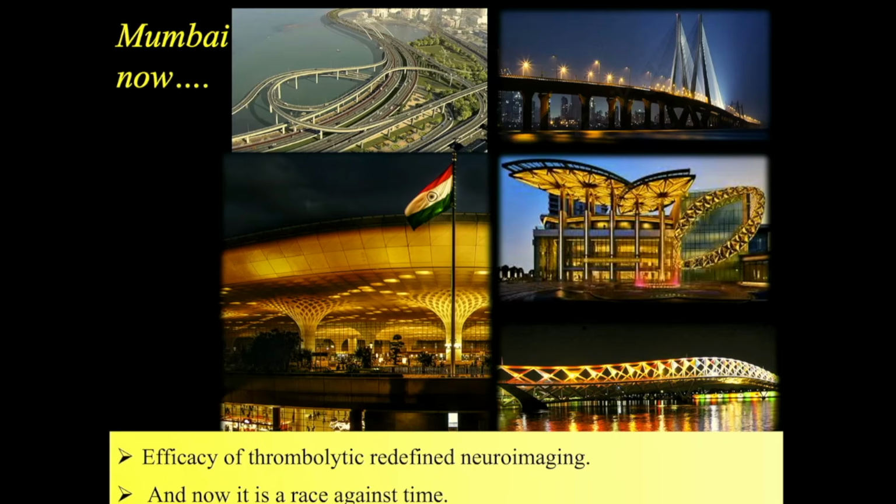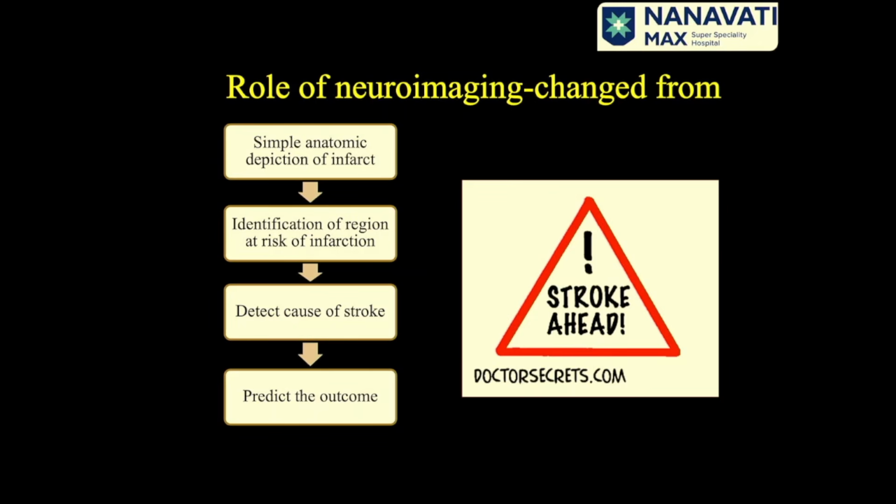About 20 years back, efficacy of thrombolytic therapy came into neurology, and that really changed the way we do neuroimaging in patients with stroke. And for us, we treat about 200 stroke patients in a year. It's a race against time. We have what is called a code white. Mitusha will probably explain that a little later.